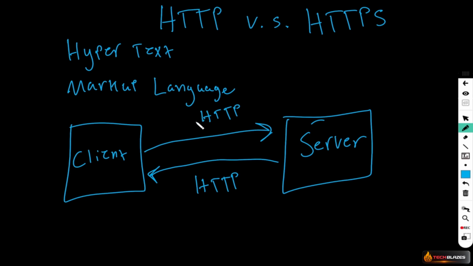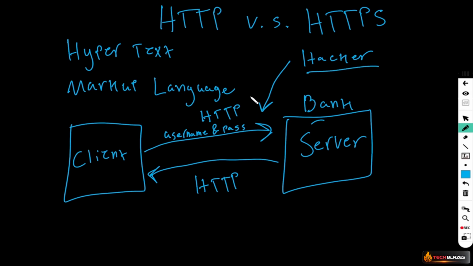So any information that the client is sending to the server is going to be using HTTP. So let's say you sent your username and your password for, say, your bank. If it was using HTTP, and some hacker decided to listen in on your communications between the client and the server, everything would be unencrypted.